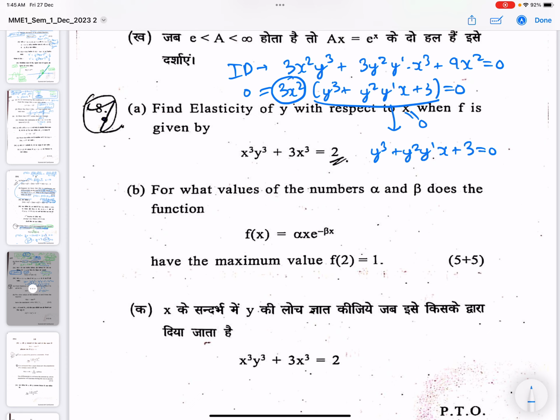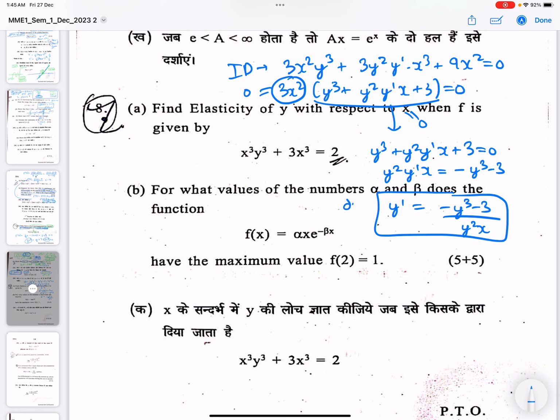So y square y dash x is minus y cube minus 3 and y dash would be minus y cube minus 3 upon y square x. So y dash, which is del y by del x, which is same thing as change in y by change in x.